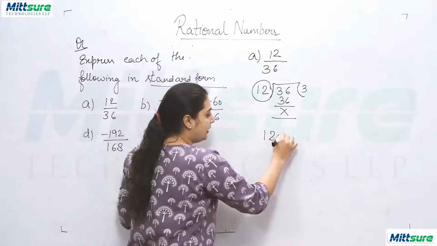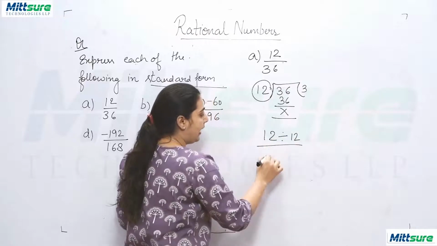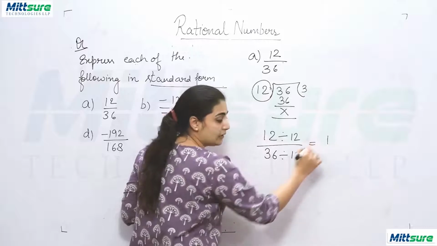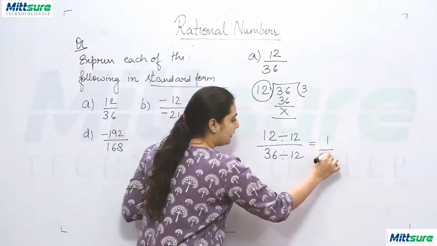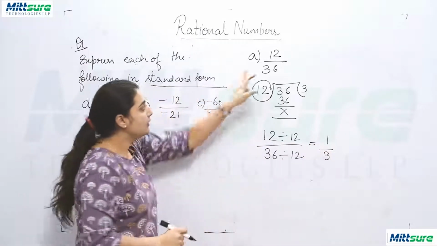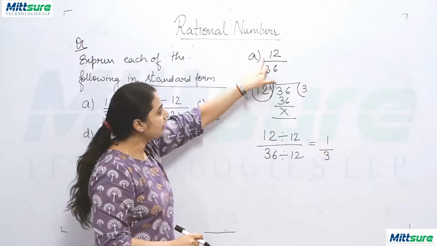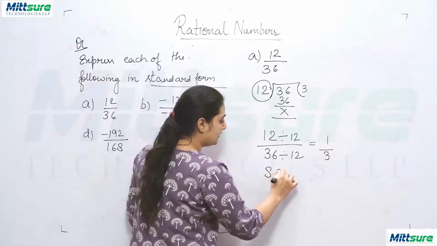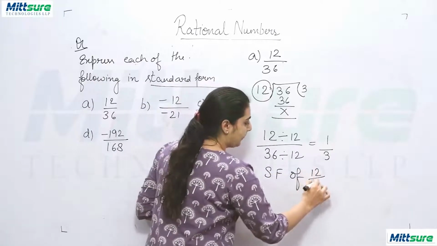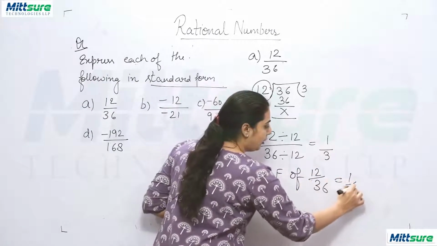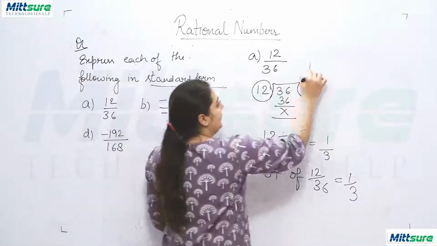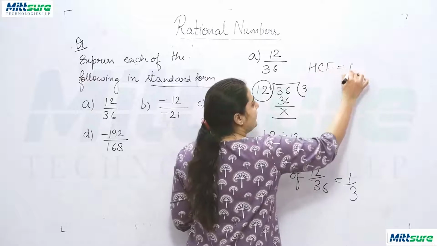If I divide 12 by 12 and 36 by 12, here I get 1 and here I get 3. So the simplest form or the standard form of 12 upon 36 is 1 upon 3. Is it clear to everybody? So here the HCF calculated is 12.